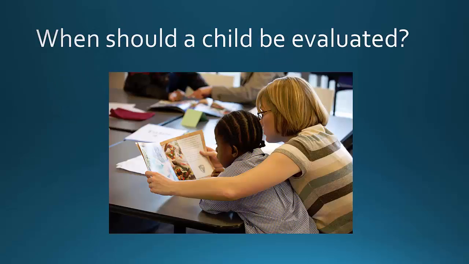When should a child be evaluated? Drawing on the IDA fact sheet, it is important to identify reading difficulties early before they develop into reading failure. Screening tests, such as the Dynamic Indicator of Basic Early Literacy Skills, also known as DIBELS, and Ames-Webb, are used by districts to identify students who are at risk of reading difficulty.